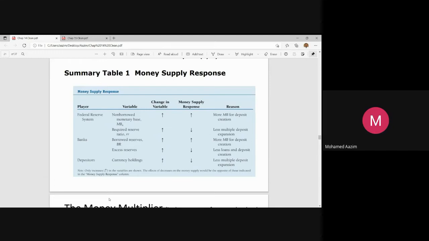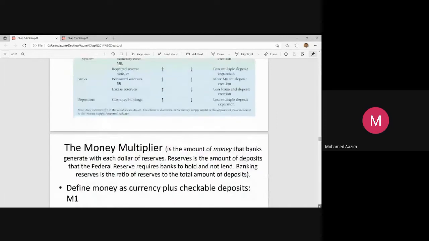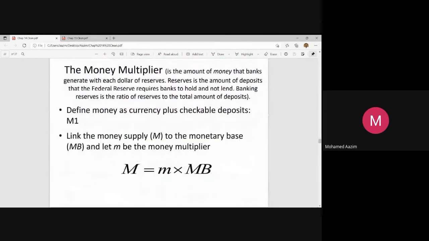But anyway, continuing our discussion, now we are moving to a concept called the money multiplier. When you say multiplier, you can generally get a feeling that it gives you a multiple expansion possibility.